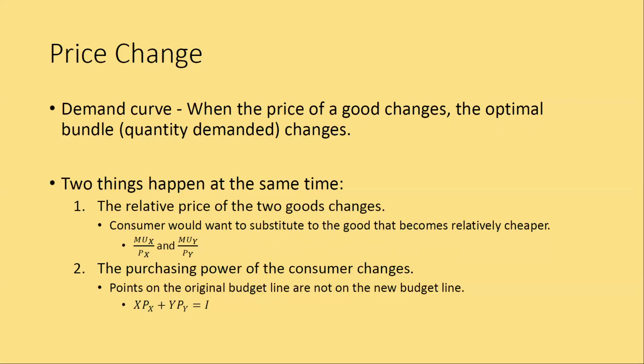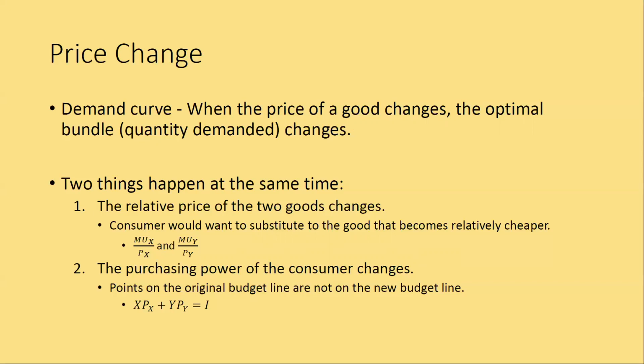The consumer originally consuming at an optimal point would have an incentive to substitute away from good X and to consume more of good Y. We could also think of this based on the two expressions, MUX divided by PX and MUY divided by PY. When the consumer was consuming at the optimal bundle, those two terms are supposed to be equal.